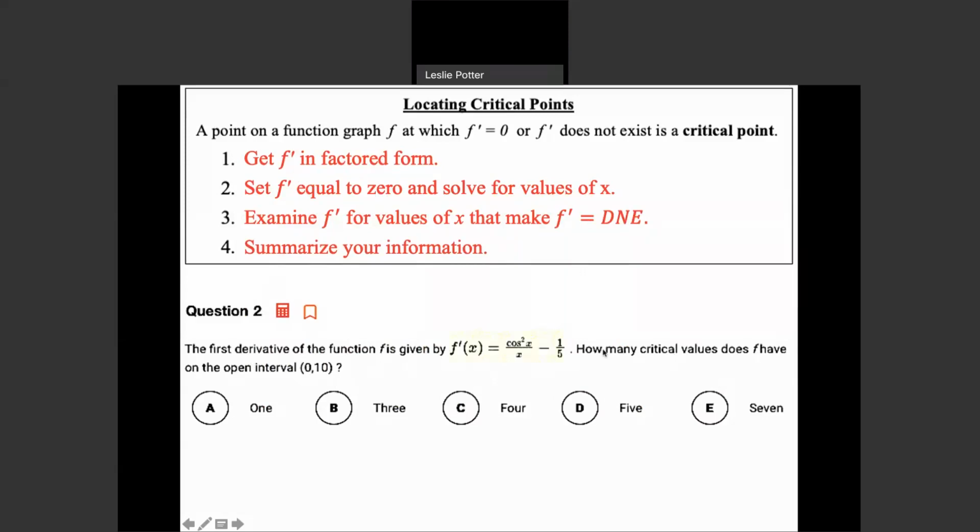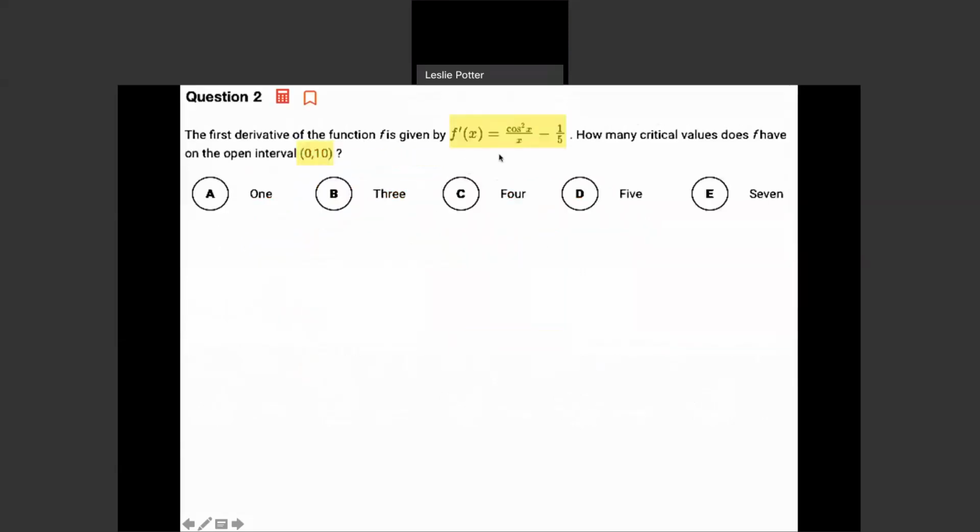So we're going to graph this. And when we graph this, remember to be in radian mode because we have a trig function here. We're going to set up specifically our window to go from 0 to 10 for our x values. That way we're looking at the appropriate domain and we don't have anything else to distract us.